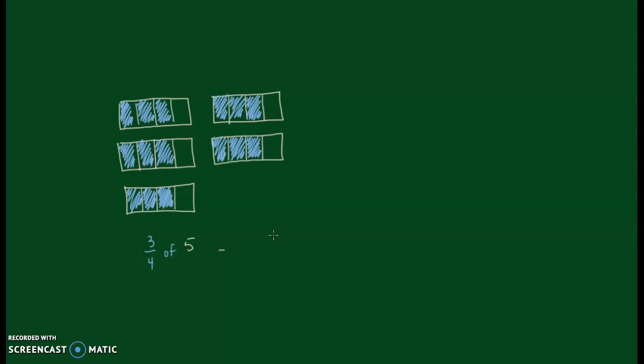I could go 3/4 times 5, or because of the way that multiplication works, the turnaround rule, I could also go 5 times 3/4.